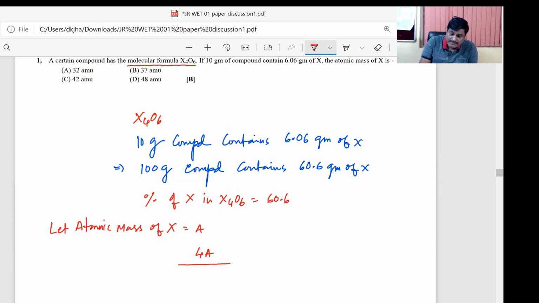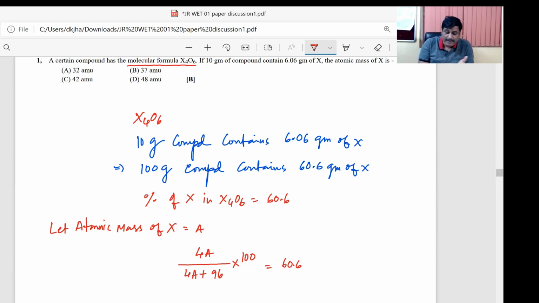Total weight is what? 4A plus 16 into 6, that is 96. So 4A by 4A plus 96, into 100. This is the percentage of X in X4O6. And that you have already calculated, that is 60.6.